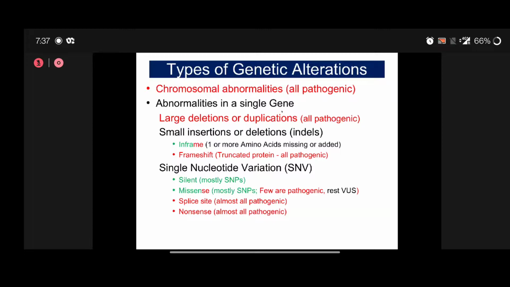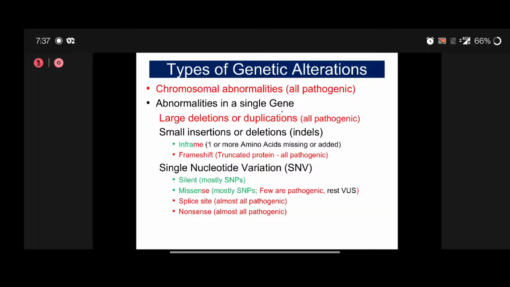So in genetic alteration, sometimes you have a chromosomal abnormality. That means there is a breakage of a chromosome or duplication of a chromosome or deletion of a chromosome. And whenever a whole chromosome is abnormal, it will almost always have some phenotypic effect and often a disease or an abnormality. Then you could have abnormality in a single gene. So it depends upon what gene it is.